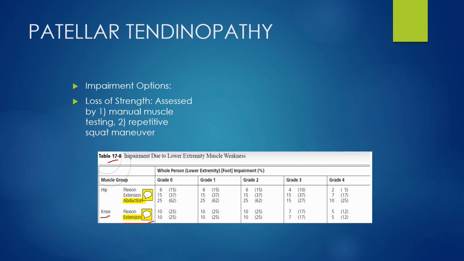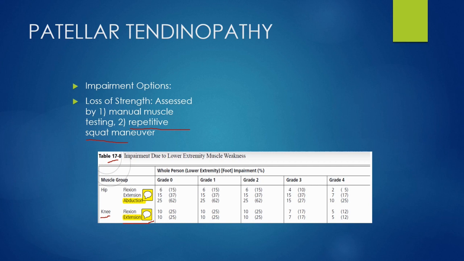So for that reason, the best way to assess for loss of strength of resisted knee extension is through the repetitive squat maneuver. And examinees who have to move their body weight through repetitive squatting, such as 5, 8, or 10 repetitions, will report pain and will report weakness in the affected patellar tendon.